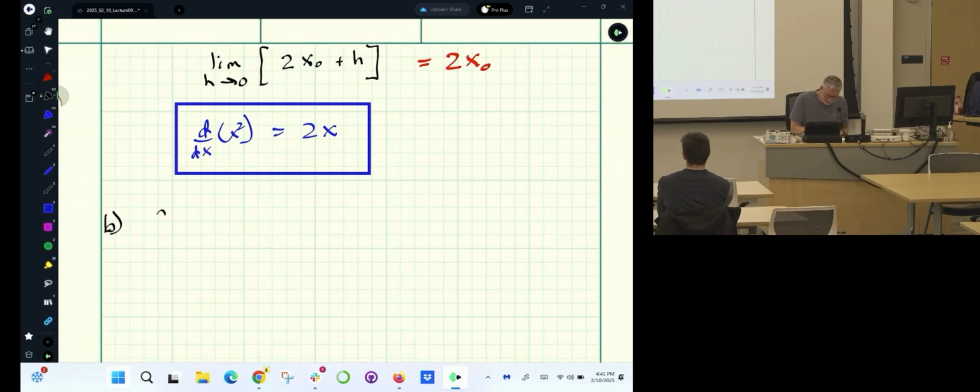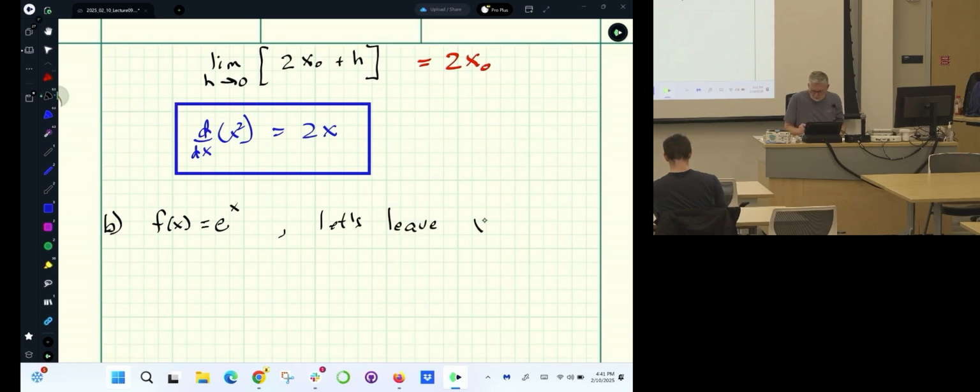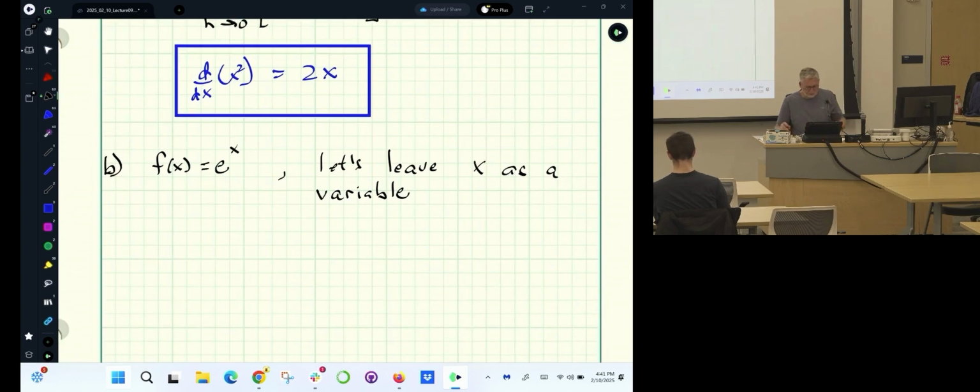Let's take f of x equals e to the x. And this time, let's leave x as a variable, which is what many of you are probably used to doing. Hopefully next semester I get many more students who are just learning the joys of calculus.